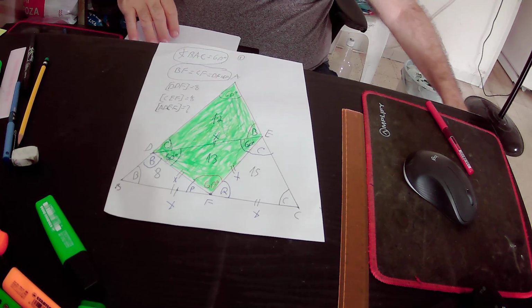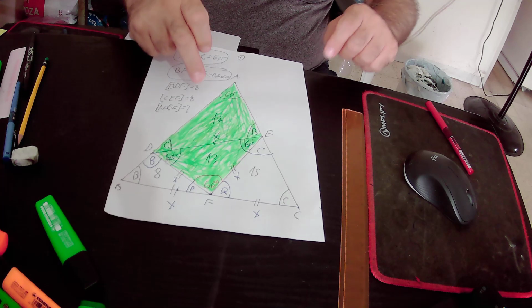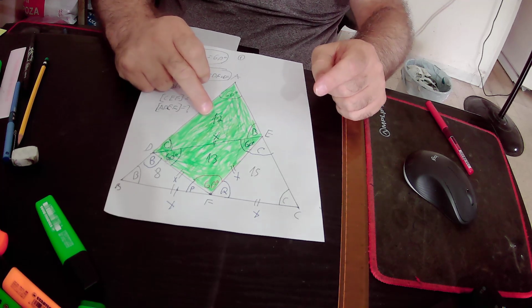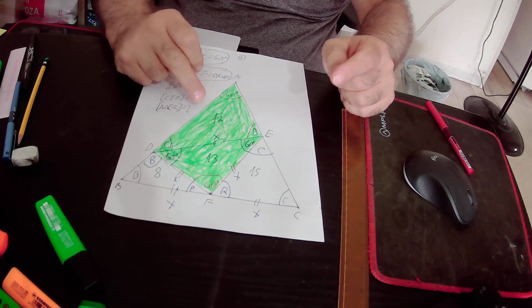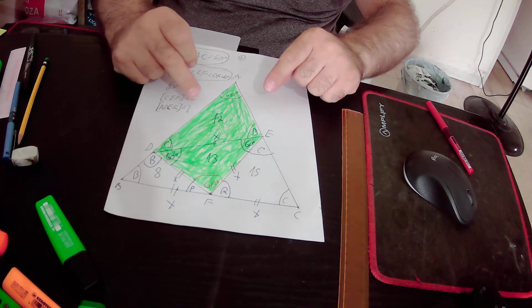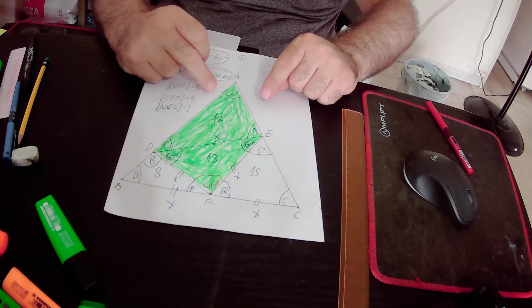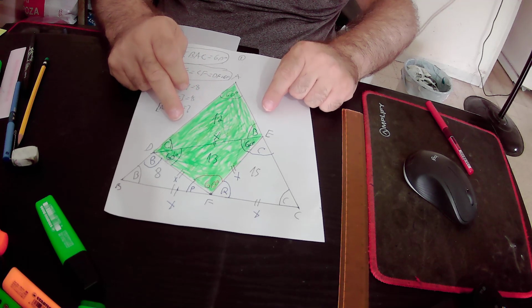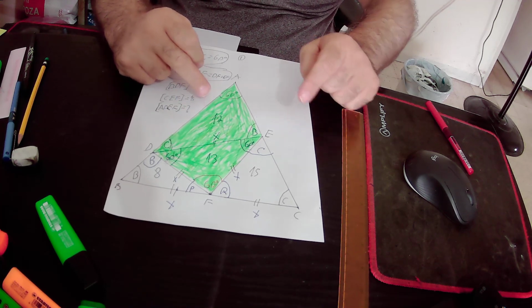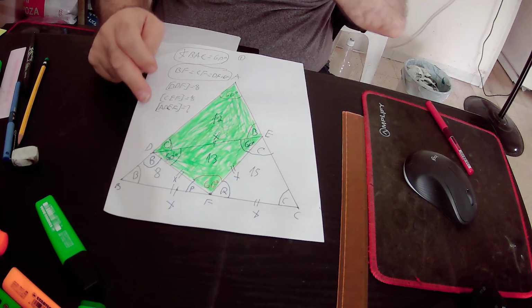So we actually can see that triangle AED is similar to triangle ABC because they have exactly the same angles, 60 degrees, B and C. The same angles we have in triangle ABC.